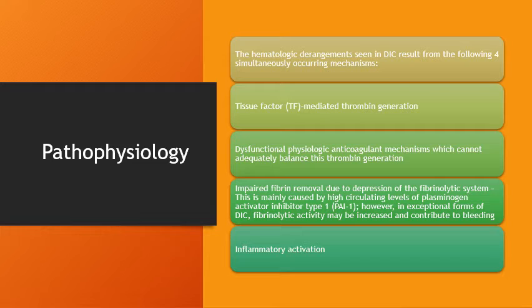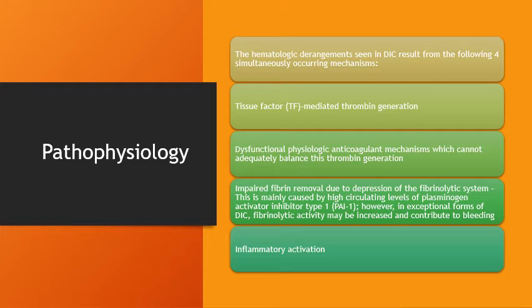The more official pathophysiology of disseminated intravascular coagulation usually results from the following four simultaneously occurring mechanisms. First is the tissue factor, which is mediated through thrombin generation. Second is the dysfunctional physiological anticoagulant mechanisms, which cannot adequately balance this thrombin generation.